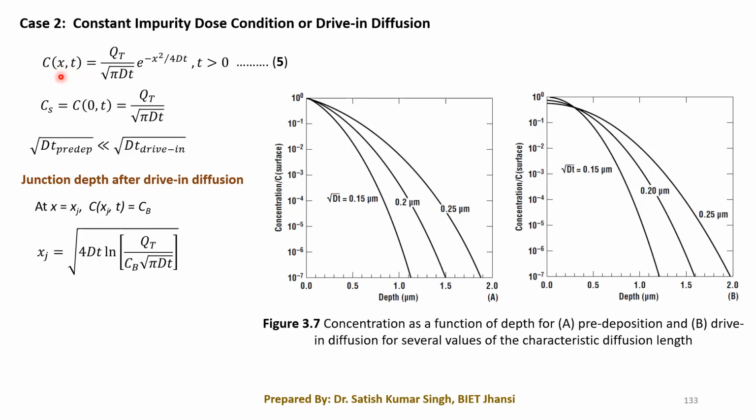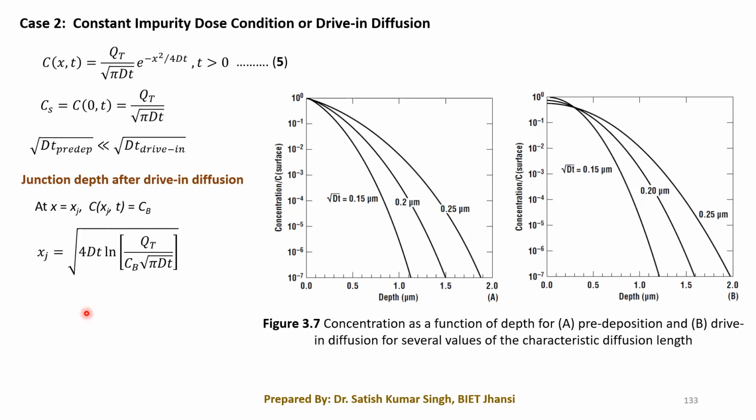Now this Cb is multiplied with root pi Dt, then Qt can go to the bottom, and then we can take the logarithm. Because of the minus sign, we can swap the denominator and the numerator, so it becomes Qt upon Cb root pi Dt, ln, and then 4Dt is multiplied, and the x squared goes under the root. This is how we can calculate the junction depth.